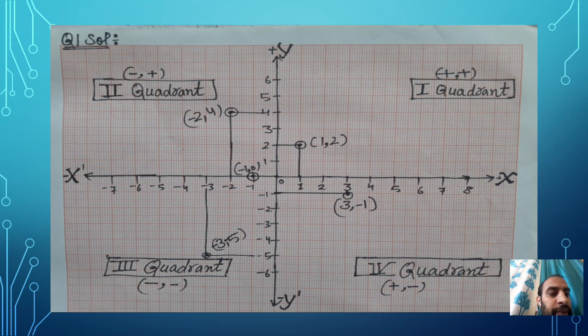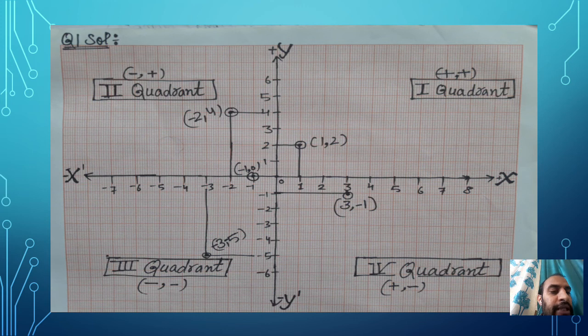But my dear student, without drawing the Cartesian plane, you can tell any point's position by using the plus and minus signs. If both are positive, directly you can say it lies in the first quadrant. If the first value is negative and the second is positive, then it lies in the second quadrant. If both are negative, then this point lies in the third quadrant.